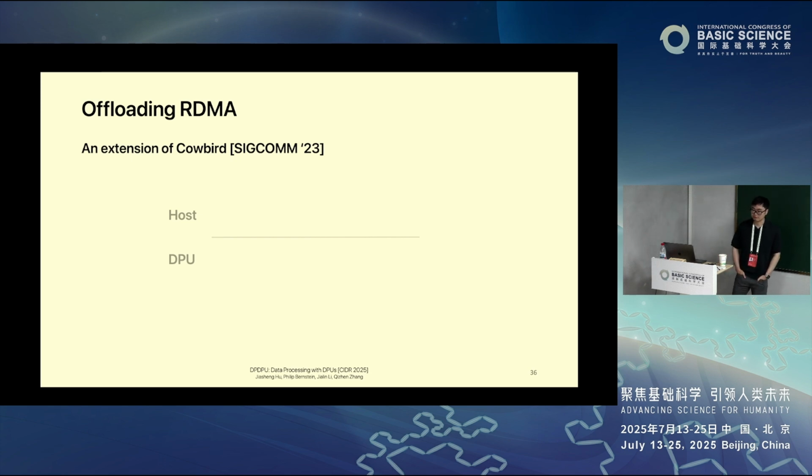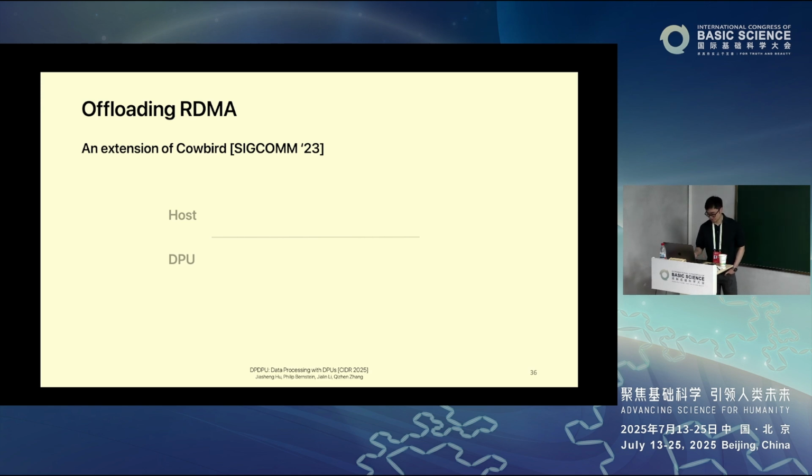If we can offload this RDMA protocol to the network, which we did with a network switch in Carbird, then we can use the saved CPU cycles to run application logic to improve the application performance.